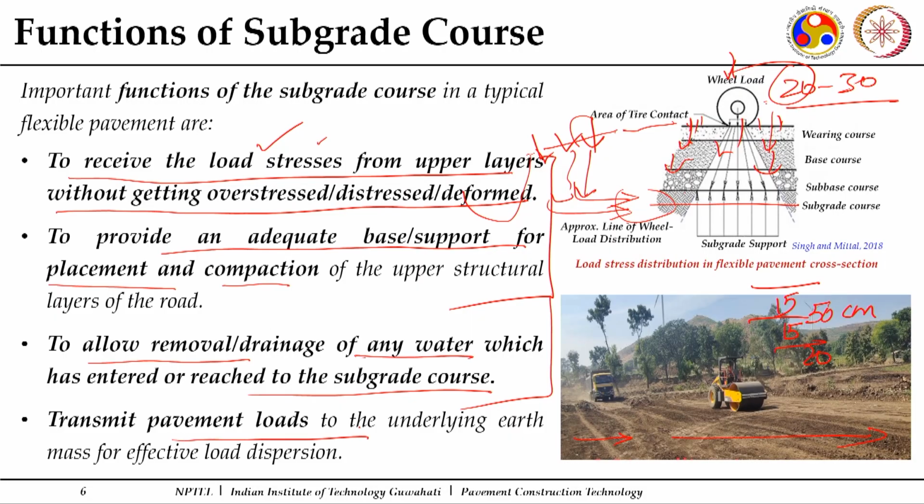And finally, because I constructed subgrade to a particular thickness only, ultimately my subgrade is resting over the natural ground. And this natural ground may be of a good thickness, because with embankment I may have to raise the level.